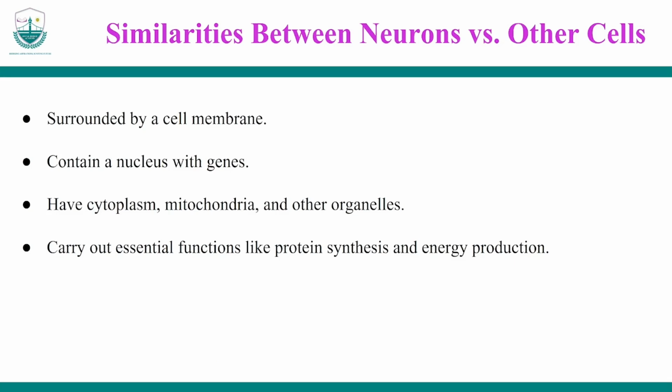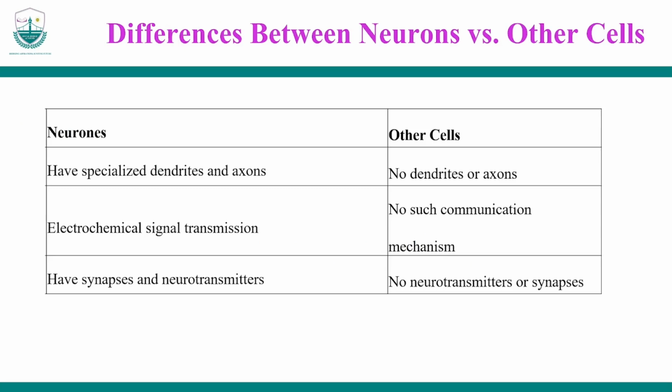Okay, so what is unique about these neurons in comparison with other cells? Basically, neurons, the major feature is that they carry electrical impulses. But they are also similar in terms of structure with other types of cells. They have a cell membrane, contains the nucleus, cytoplasm, mitochondria, and other organelles. Okay, so that means that they can carry out all the other very important physiological processes.